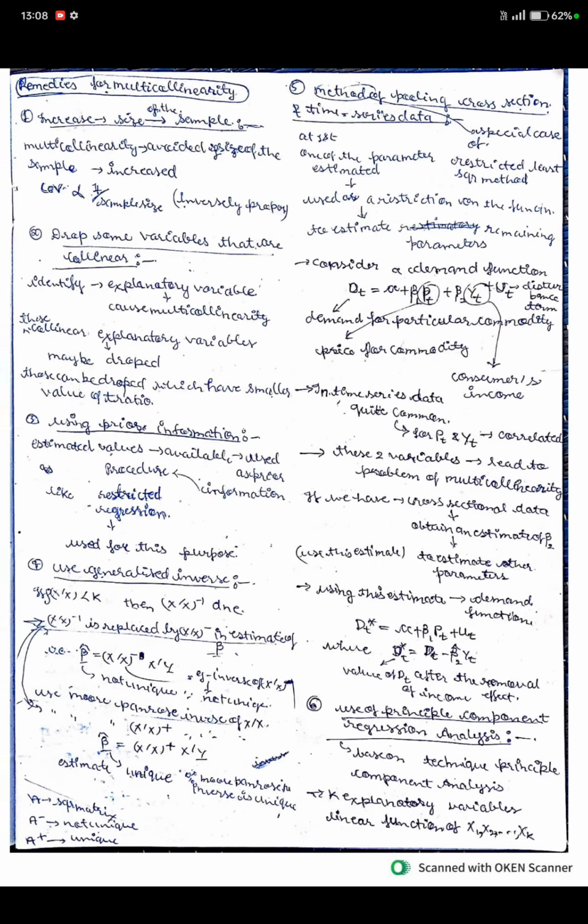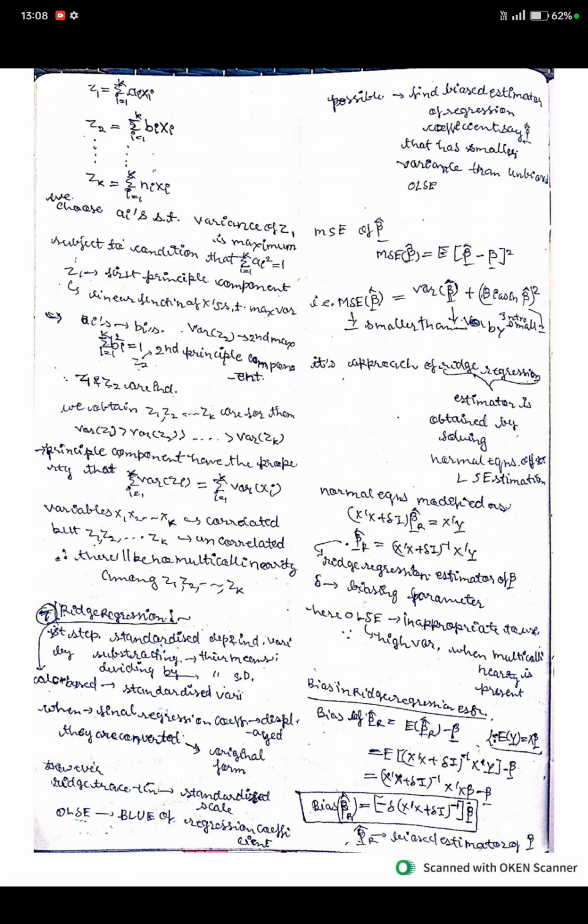So z1 equals summation ai xi, i takes values 1 to k. z2 equals summation bi xi, i takes values 1 to k. zk equals summation ni xi, i takes values 1 to k. We choose ai such that the variance of z1 is maximum, subject to the condition that summation ai square equals 1. z1 is the first principal component, a linear function of x such that it has the maximum variance.